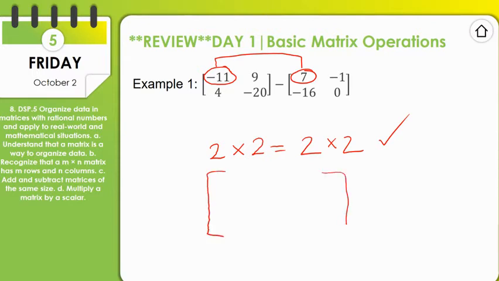In order to remember how to do this process, write them in a separate matrix and then perform the operation indicated in the middle. Negative 11 minus 7.